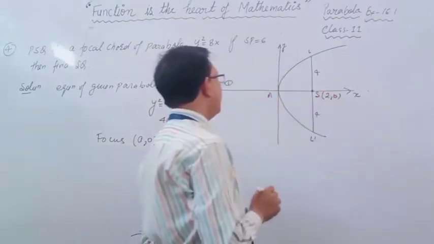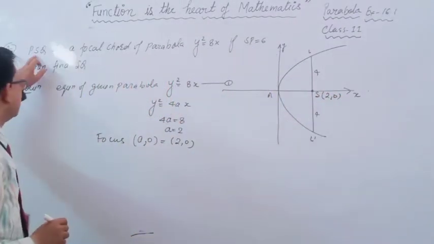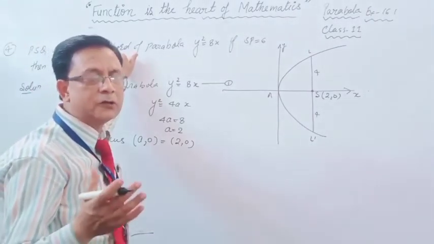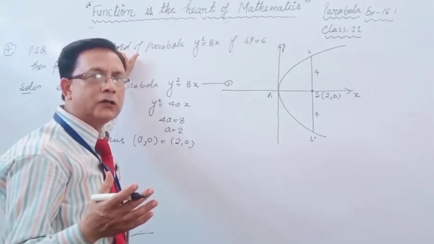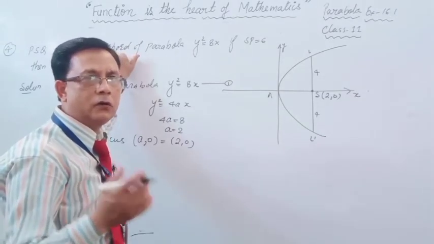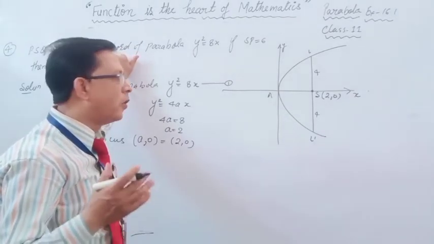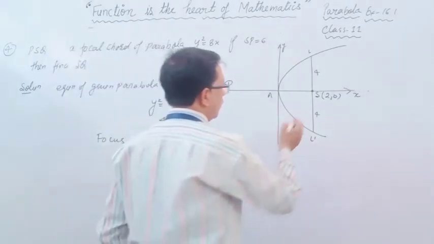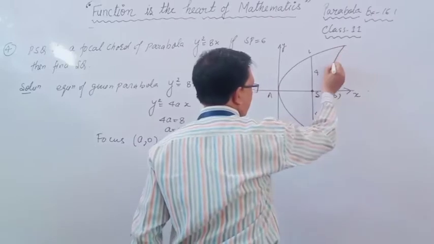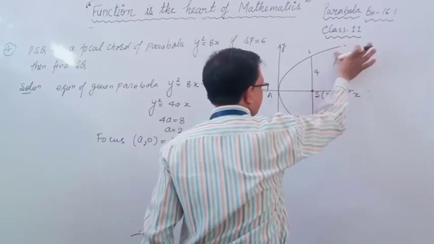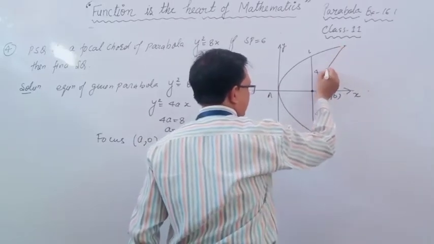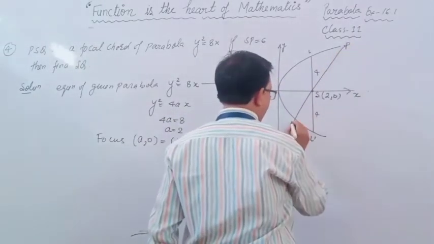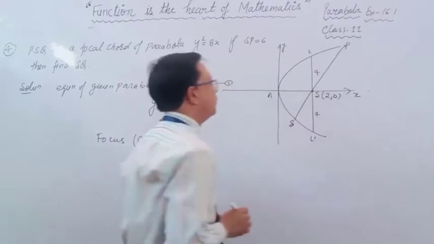Now our next step: PSQ is a focal chord. What is a focal chord? A chord which passes through the focus is known as a focal chord. Again, listen, a chord which passes through the focus is known as a focal chord. So this is your focal chord PSQ, which passes through the focus.